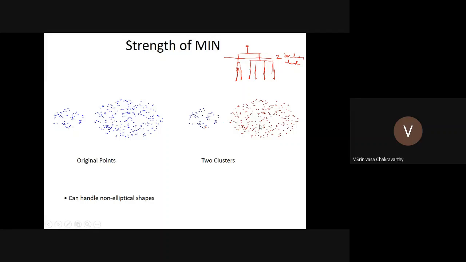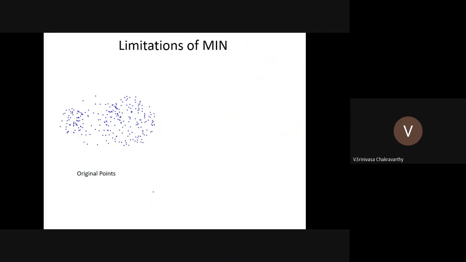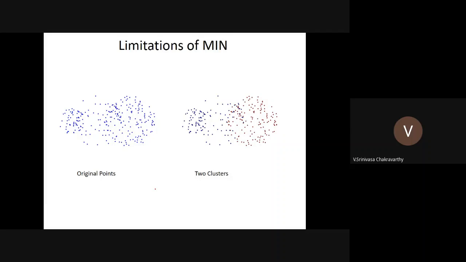It can also handle non-elliptical shapes, because prototype-based clustering is biased towards globular or more spherical shapes, right? Whereas with min and hierarchical clustering, you can, in principle, even capture non-elliptical clusters. But the problem is it is a bit noise sensitive, because when you're merging two clusters, the distance between them is not taken as some kind of distance between the cores of the two clusters, but is based only on the nearest points.